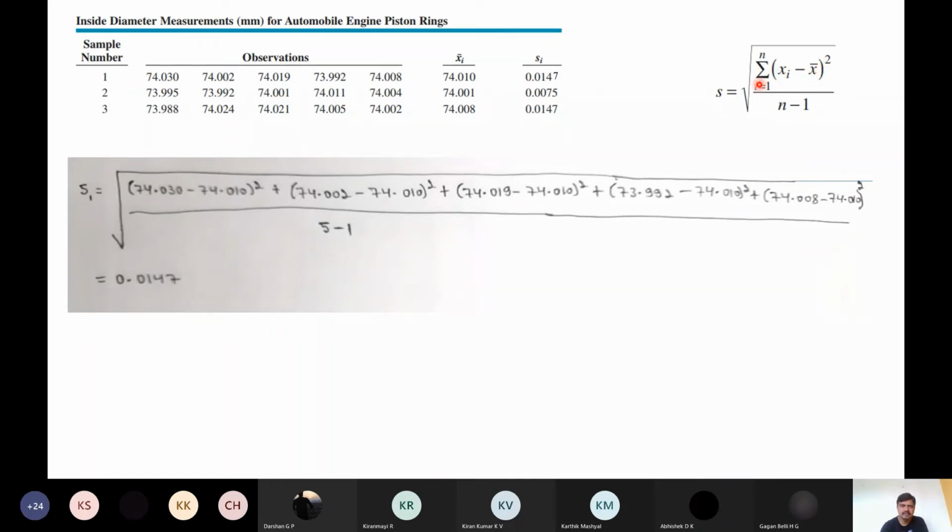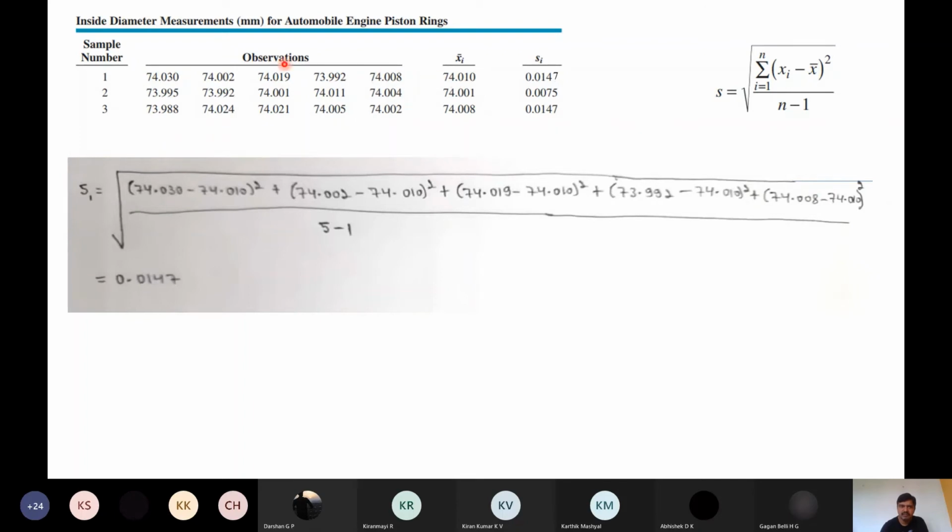So first consider 74.030. Again it is a root. Root of 74.030 minus X bar 74.010, then whole to the power square. Next plus, consider the second value 74.002, again minus the same X bar value, which will remain the same for sample number 1.